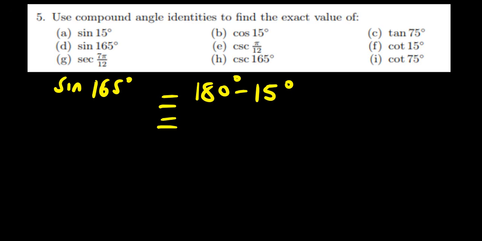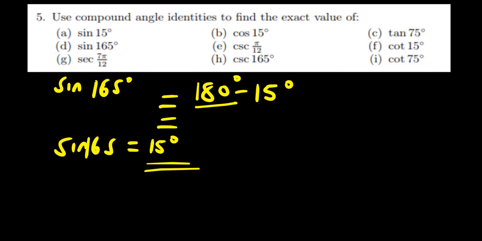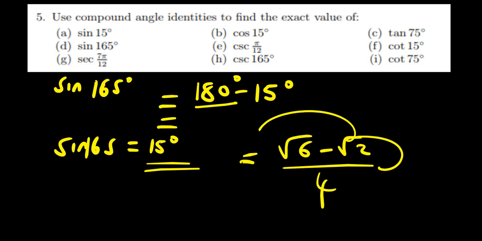This is just the same as, so 165, because if we're subtracting from 180 we subtract a 15, that means sine 165 is just the same as sine 15 degrees. And we found what sine 15 degrees is, we said it is just the square root of 6 minus the square root of 2 over, I think that was a 4. Yes, so that's what you are going to do.